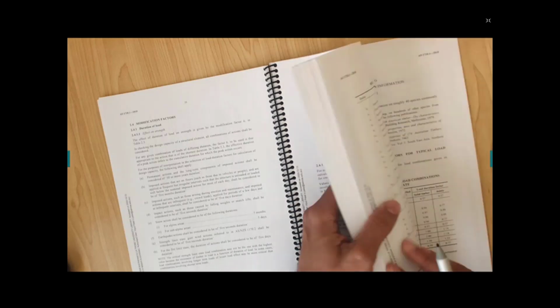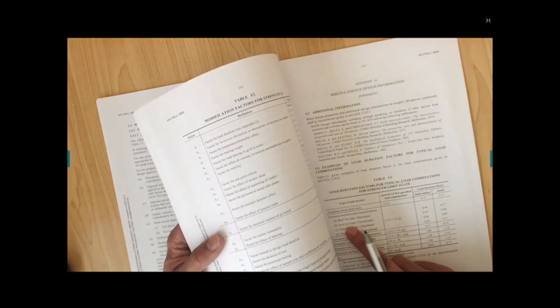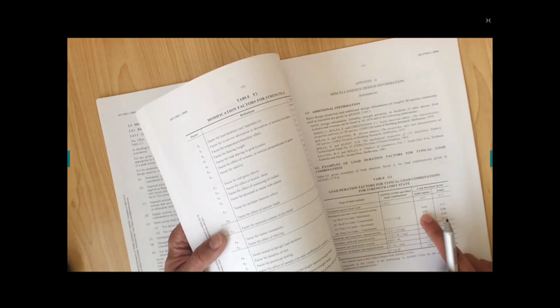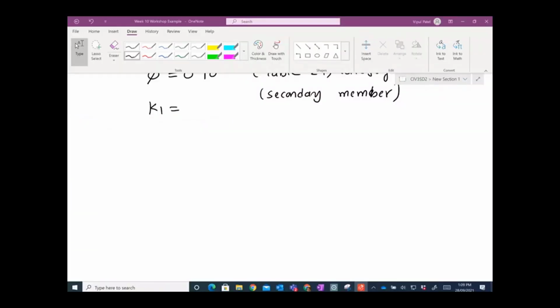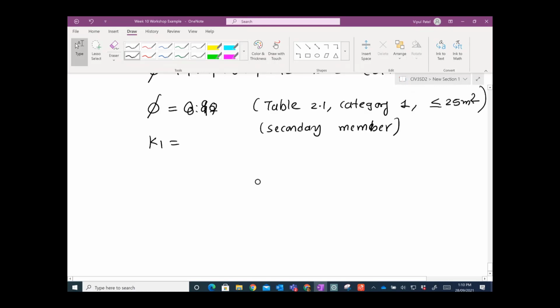We have no roof load, so we just take 0.97. So this is an assumption for the duration factor. It is a short duration, and let's say we have 5 hours, so we assume it may come across with that 5 hours, 0.97.